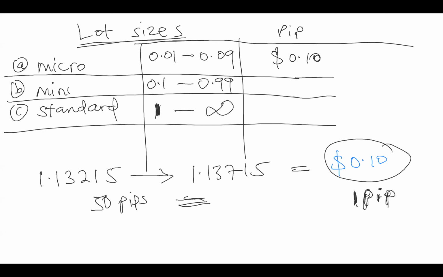If I can get 10 cents for 1 pip, for 50 pips it's simply 50 times 10 cents. So I'm going to be in profit of $5. That is how to relate this thing.